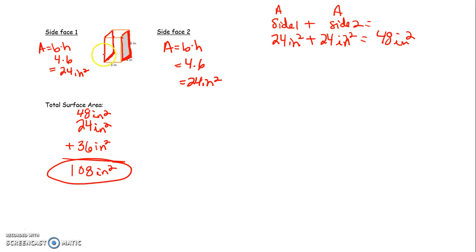That's the total surface area of this beautiful rectangular prism. If you wanted to know how many square inches of wrapping paper you need to wrap a present like this, you need 108 square inches. All right, hopefully that's a reminder for how to find the surface area of a rectangular prism from 6th grade.